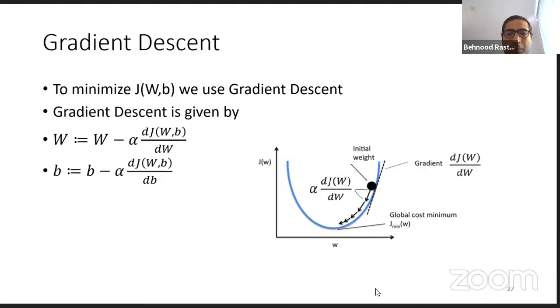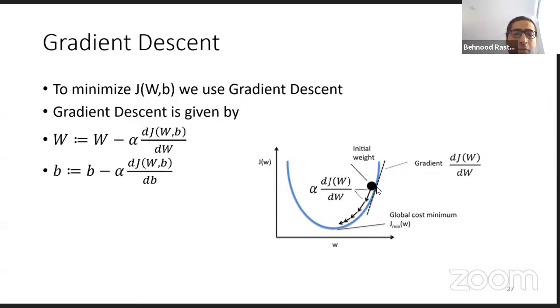To explain a little bit more, we can see this figure, where to simplify we only use J(W) and ignore B. First we initialize the weight, and then we calculate the gradient of the cost function at this point.